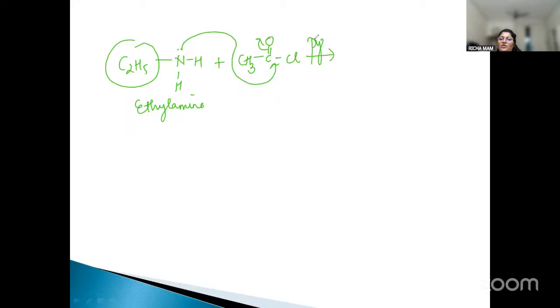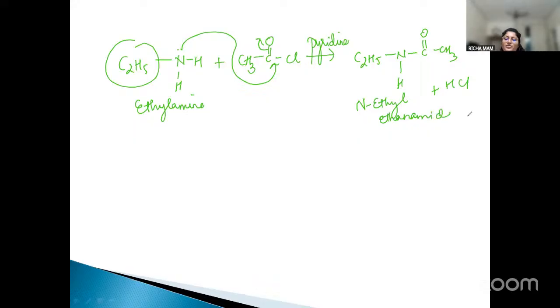This occurs in the presence of a base like pyridine. I'm going to get C2H5, NH, then C double bond O, CH3 plus HCl. So I'm going to get N-ethyl ethanamide. Okay, like this. So these are the examples.